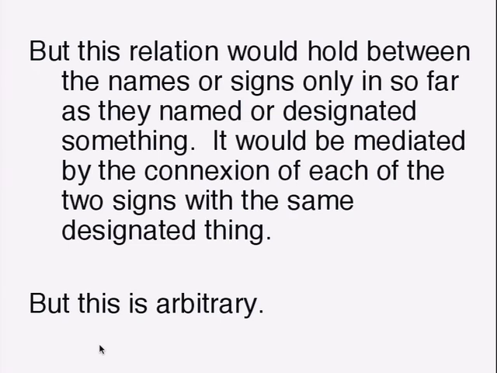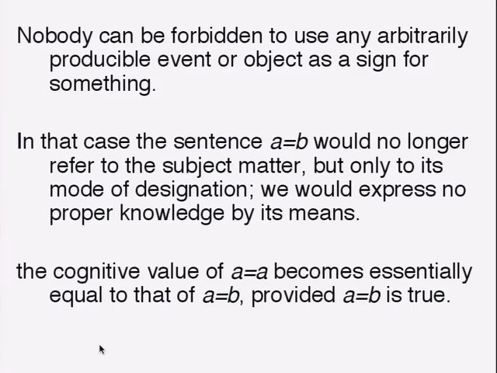Any sign can stand for any object. But that's how languages work. You can have arbitrarily any sign standing for any object. So I'd just be telling you about this arbitrary fact that the sign, the morning star, stands for the same thing as the sign, the morning star, and the sign, the morning star, stands for the same thing as the sign, the evening star.